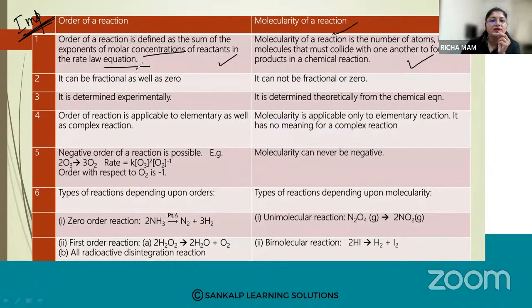Then the order of reaction can be fractional as well as zero. We have seen this, right? Order of reaction can be a fraction, like 1 by 4, 3 by 2, 1 by 2.